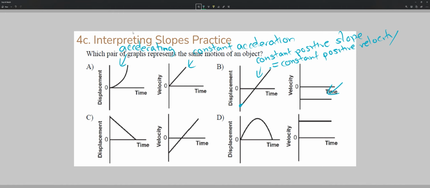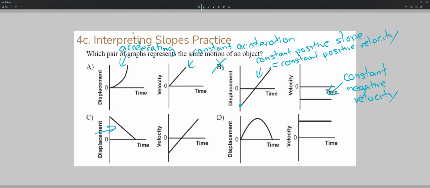But this VT graph on the other side says you have a constant negative velocity because you're below zero. So B is not right. They don't really match.